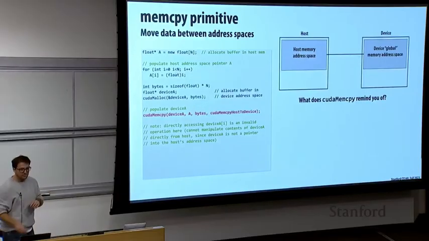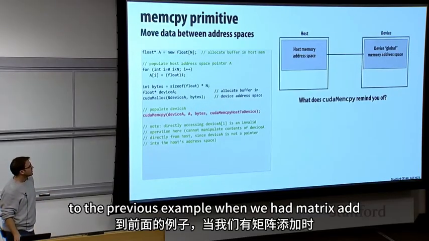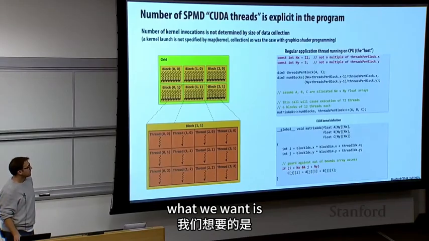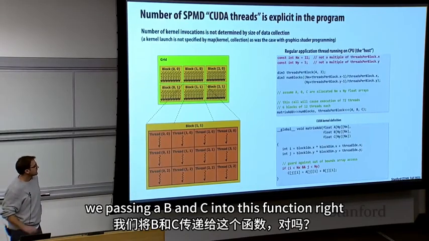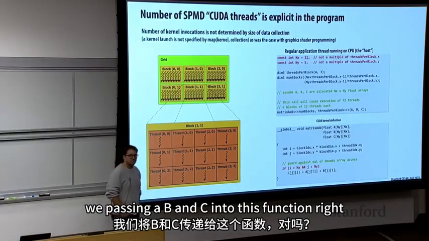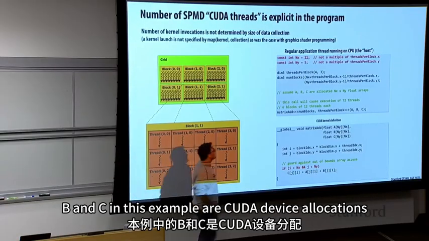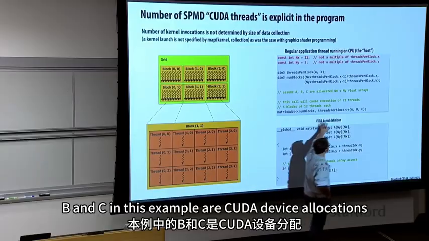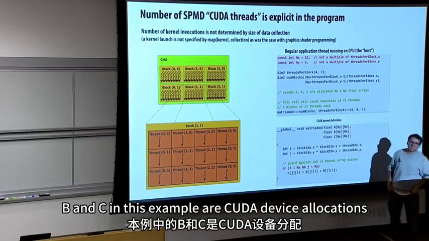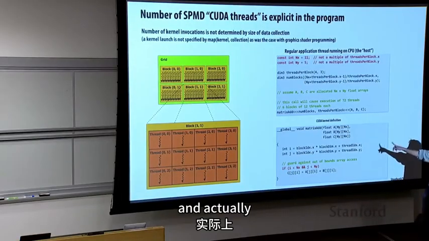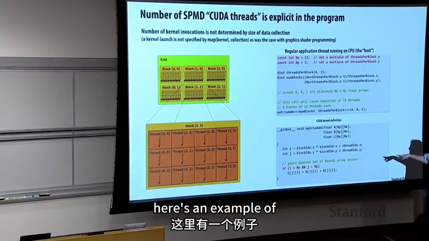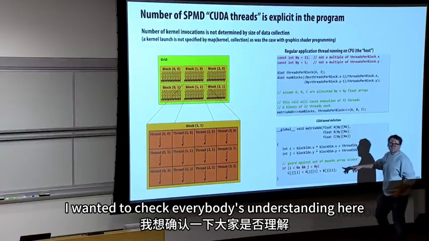Yeah. So going back to the previous example when we had matrix add, what we want is we pass A, B, and C into this function, right? A, B, and C in this example are CUDA device allocations, right? Actually, I'm glad you brought me back to this example. Here's an example where I wanted to check everybody's understanding.